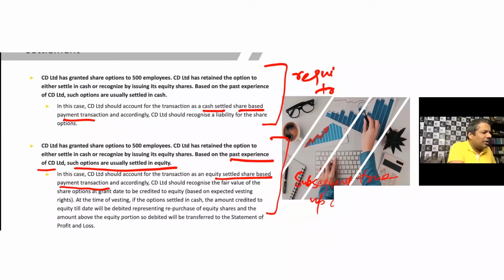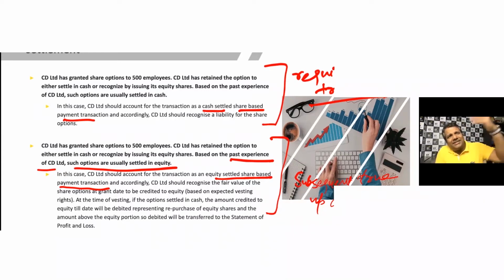So in a cash settled share based arrangement, you are required to true up your liability at every measurement date. In an equity settled share based payment arrangement, you are not required to true up after the date of initial accounting, which is the date of grant.